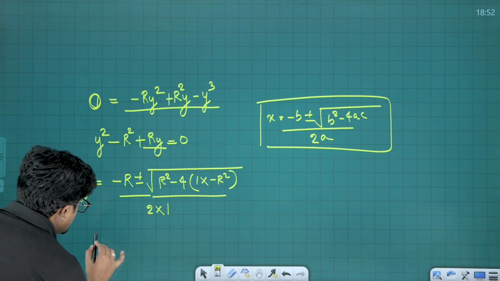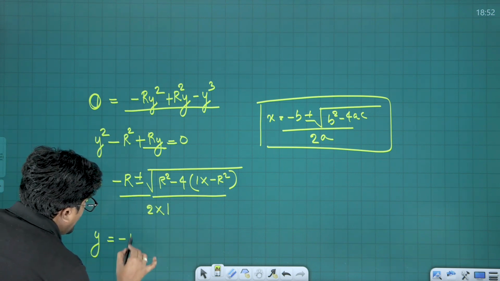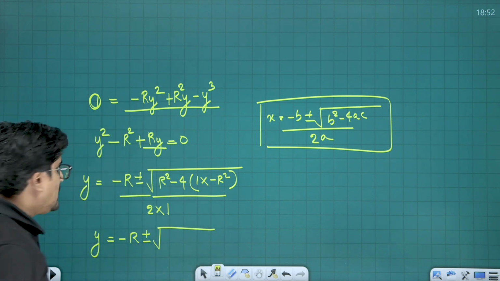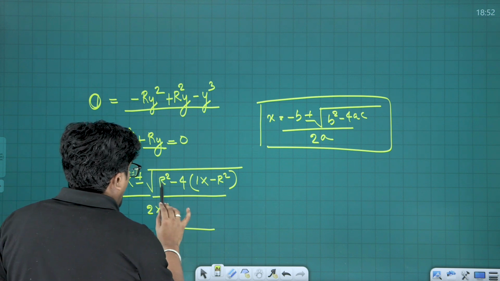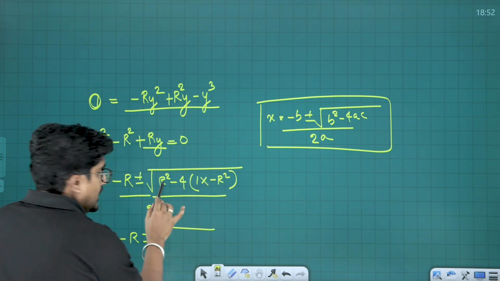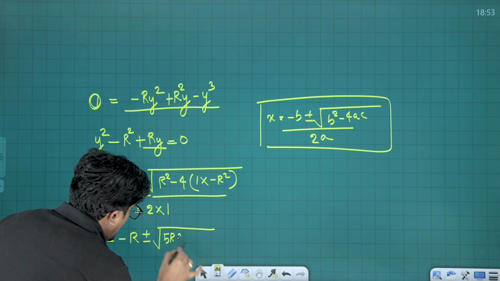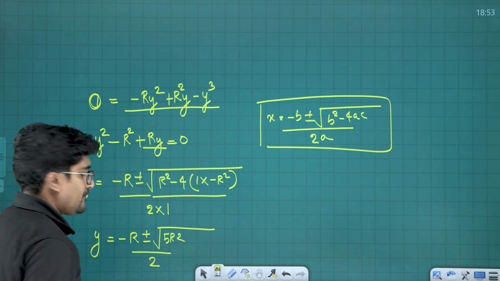Okay, so here this is y equals minus r plus or minus root of, here this is going to be what? Here we have 4r square, and here this is r square, that is 5 times r square by 2.